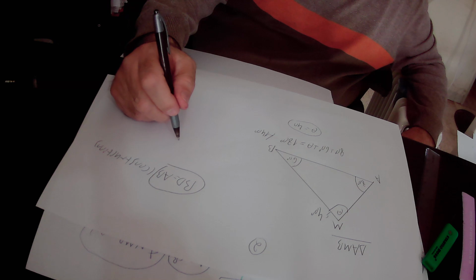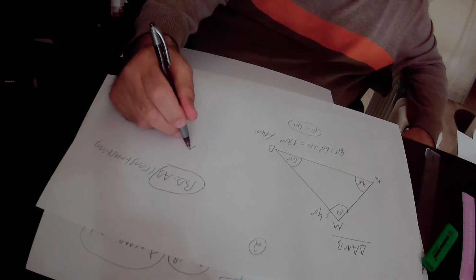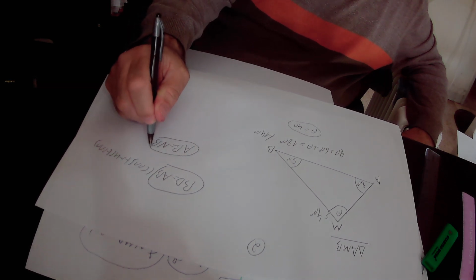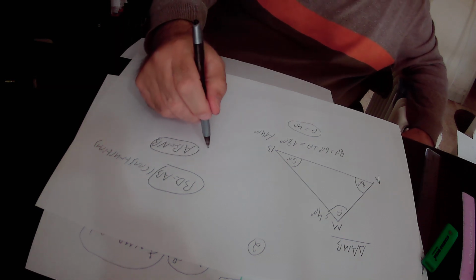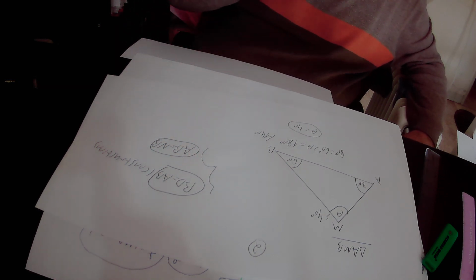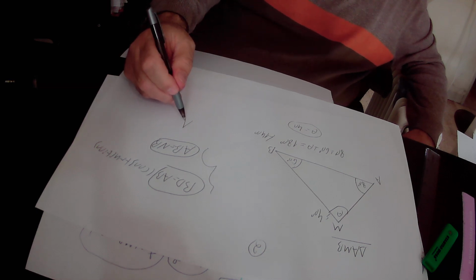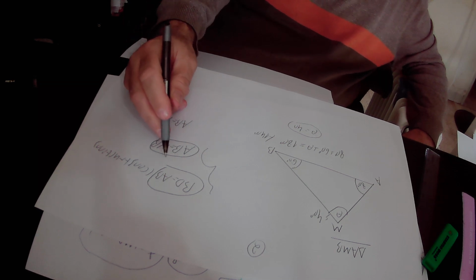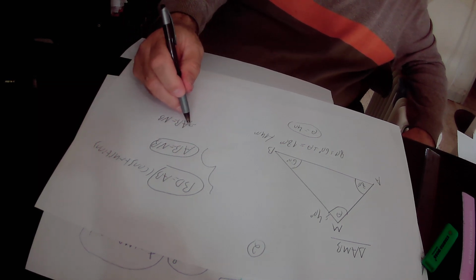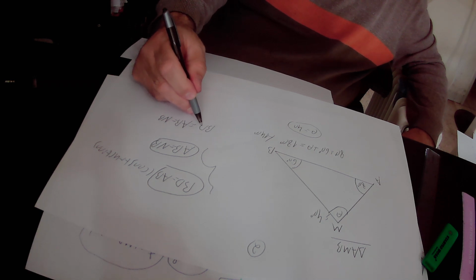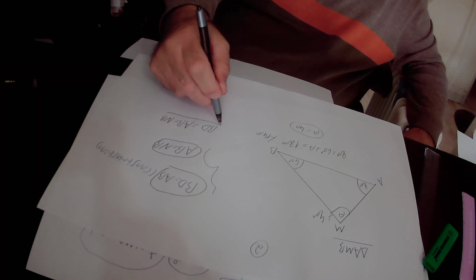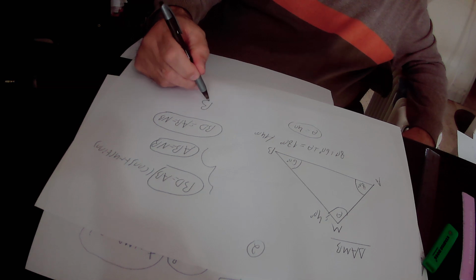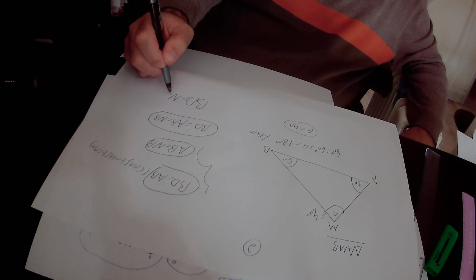But we already found out that AB equals NB. So from those two equations we derive that on one side AB is equal to NB, but on the other side AB equals BD. From this equation we will derive that BD equals NB.